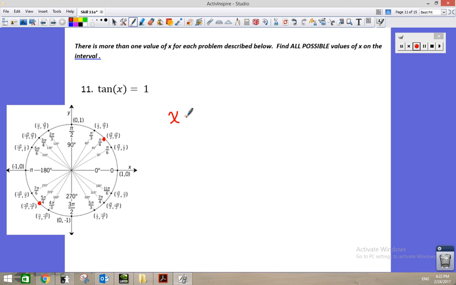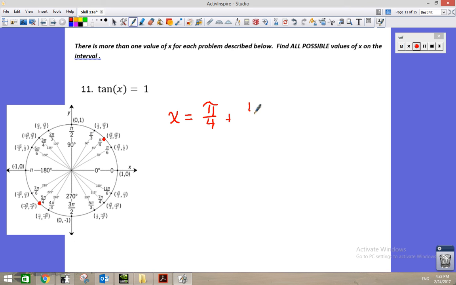Now, tangent's a little bit different because its period is just pi. So when I have x equals pi over 4, I don't have to go around a complete revolution to land at the next solution. I can just go to its period. I can just go pi.